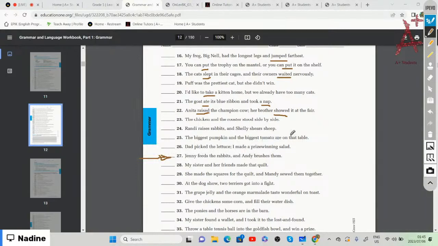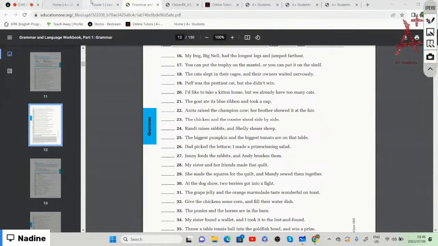We need to choose two verbs within that sentence, and identify and underline them. So feeds and brushes is correct. Those are the verbs within those sentences.